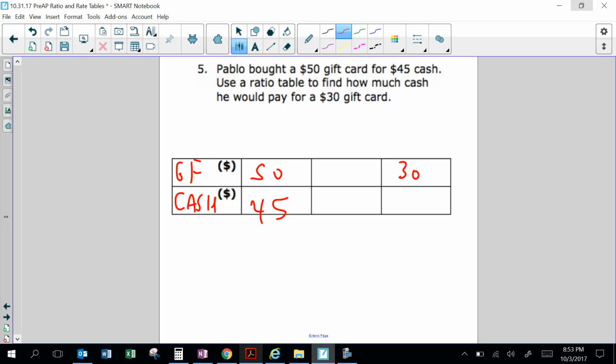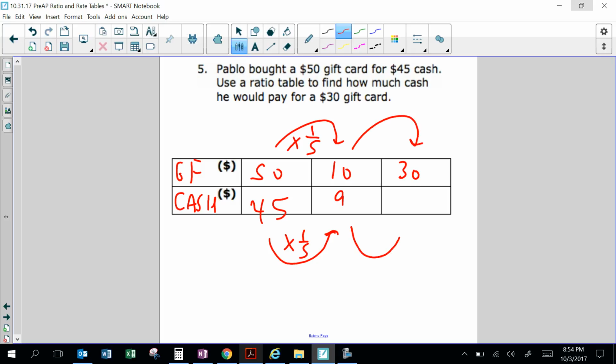Not really. What can I do with 50, 45? Well, I can't divide by 2. How could I simplify this down? Maybe divide by 5, which is the same as saying times 1/5. 50 times 1/5 is 10. 45 times 1/5, 45 fifths, is 9.